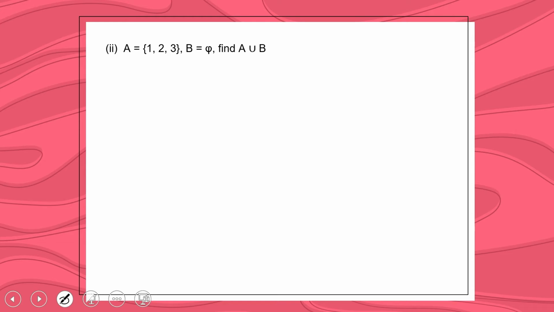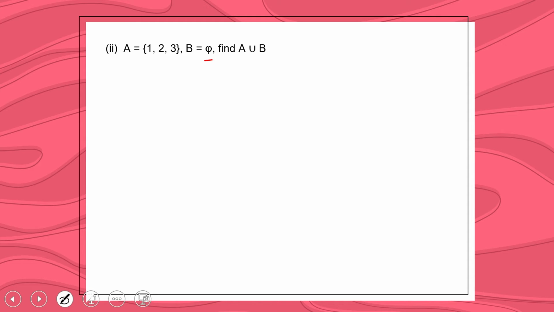Let's take another example. A is a set which consists of 1, 2, 3. These are three elements in set A. B is another set which consists of no element. I mean, it is a void set. So we have to find A union B. A union B means we have to take common elements and non-common elements also.